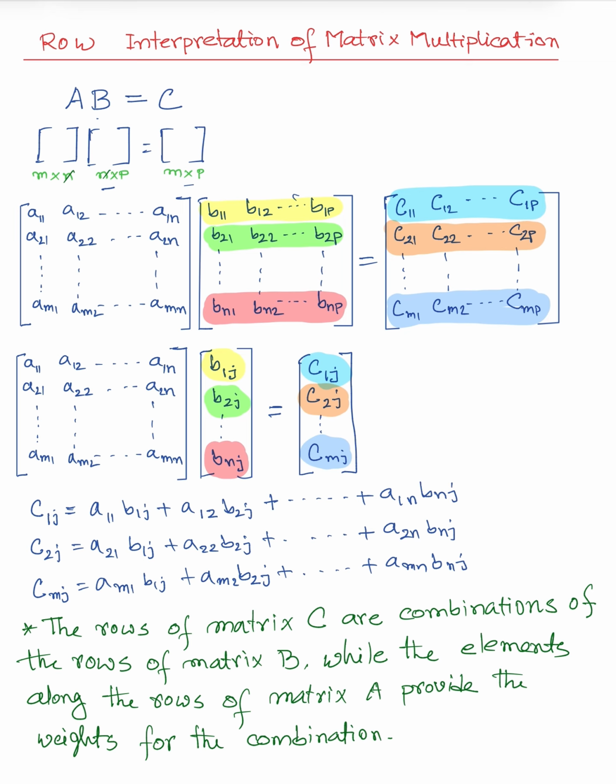All right, so this is the very basic thing about the definition of the row interpretation.